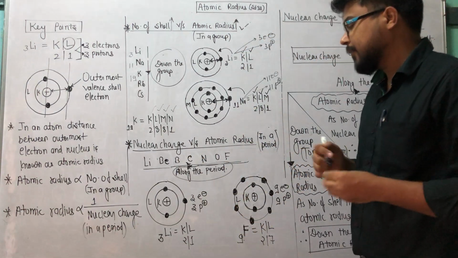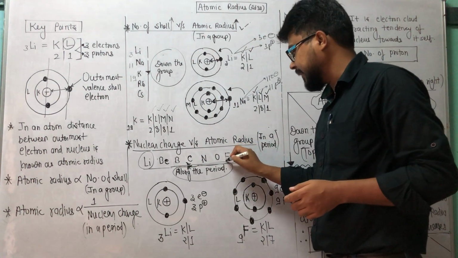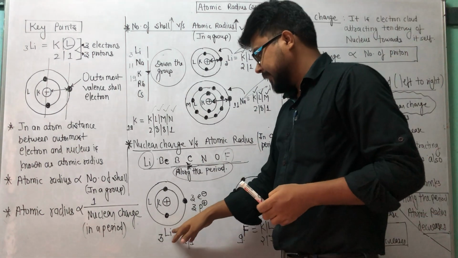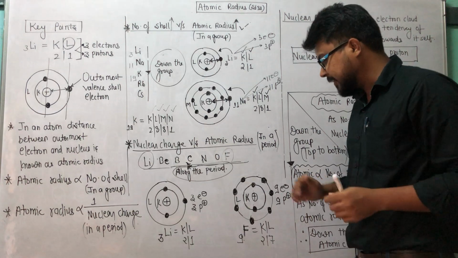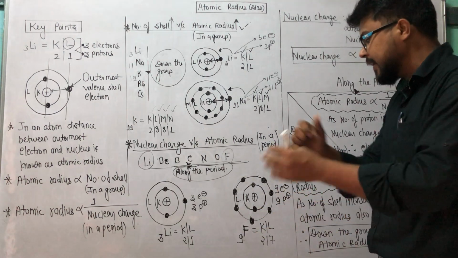So I took the first element of the second period, and the second last, it is fluorine, correct? So for lithium, atomic number 3, so 3 electrons, 3 protons. Similarly for fluorine, atomic number 9, so it has 9 electrons and 9 protons.